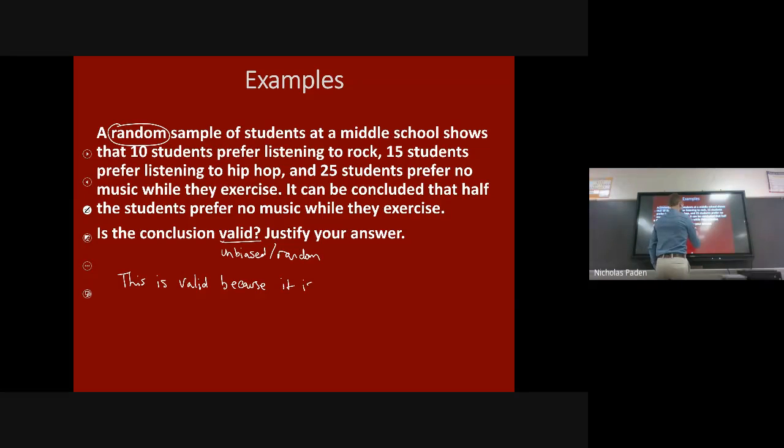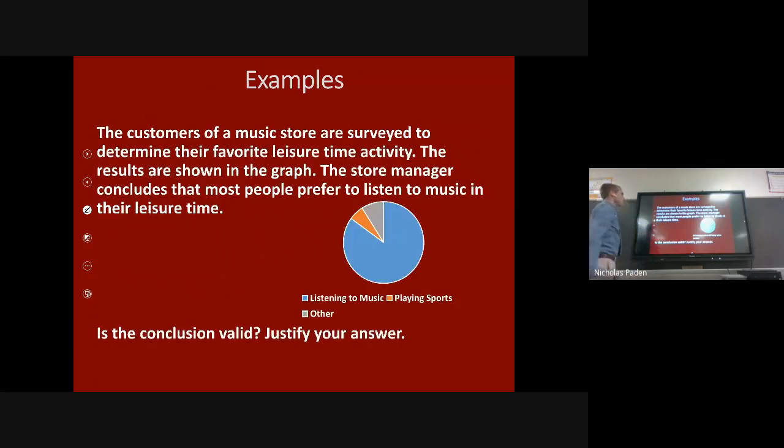So because it is a simple random sample, this is valid. It is unbiased. So valid means unbiased because it is a simple random sample. They just randomly choose the students who they're going to survey. Okay, so let's look at our next one.